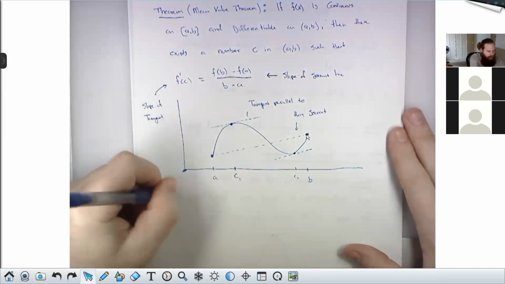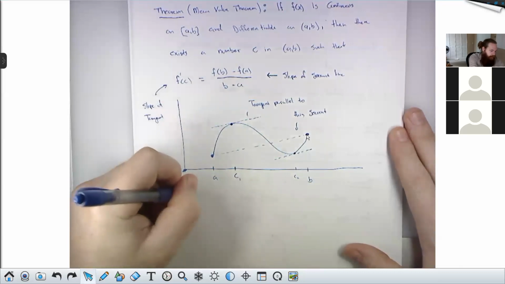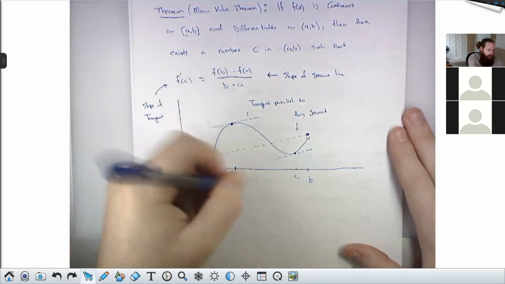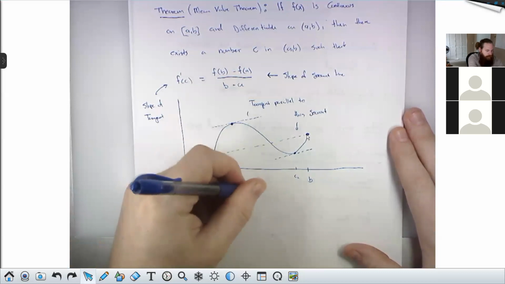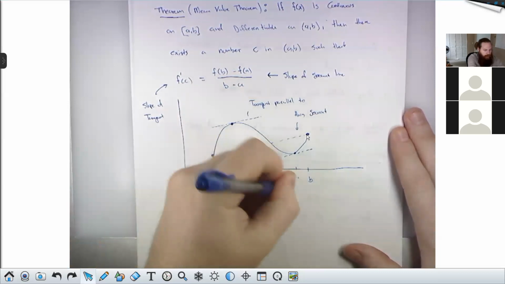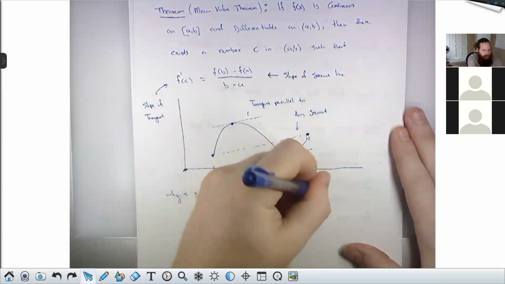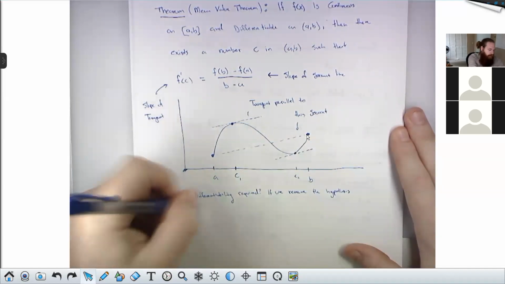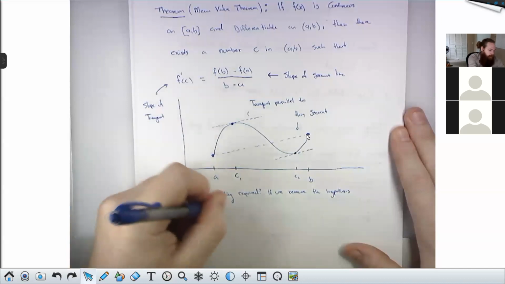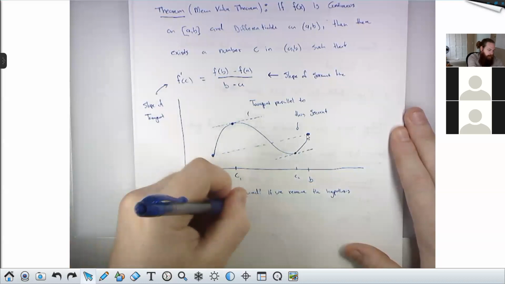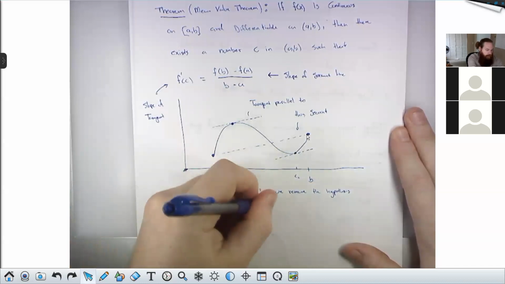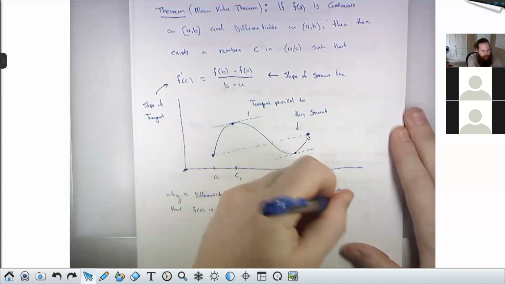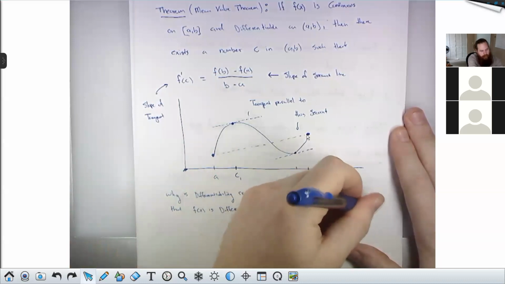So why is differentiability required? If we remove the hypothesis that f is differentiable everywhere in AB, is the theorem still true?